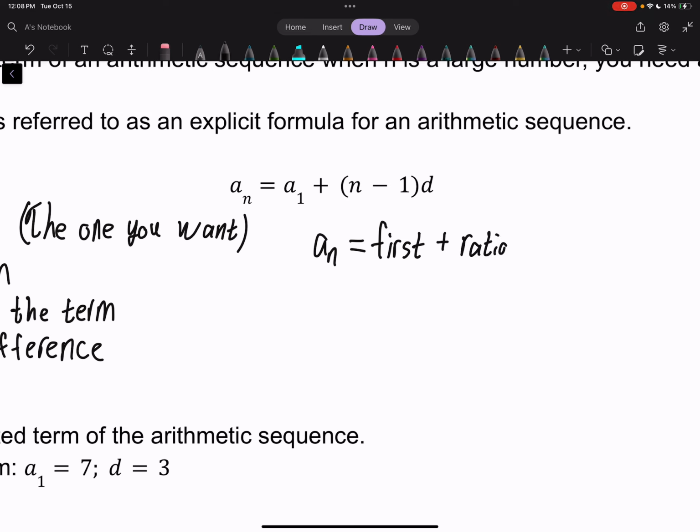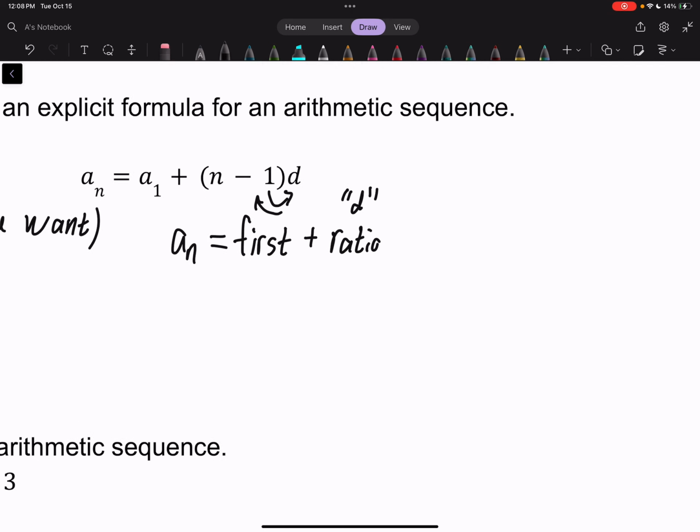This is the D. I know I'm flipping the equation here, but oh well. My ratio, however many times after the first one. If you think of it this way, the equation should begin to make sense to you.